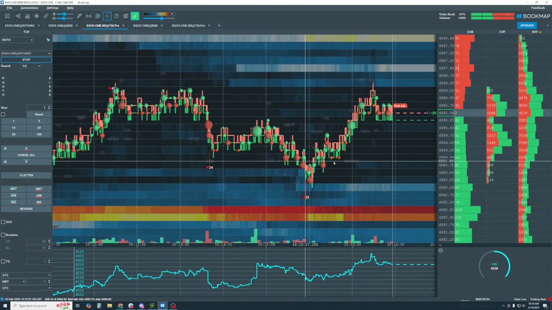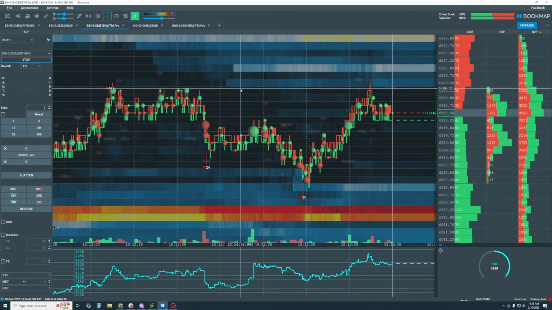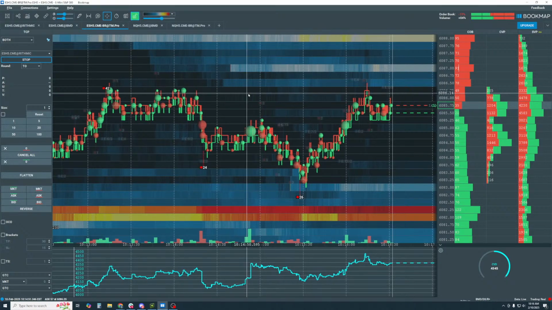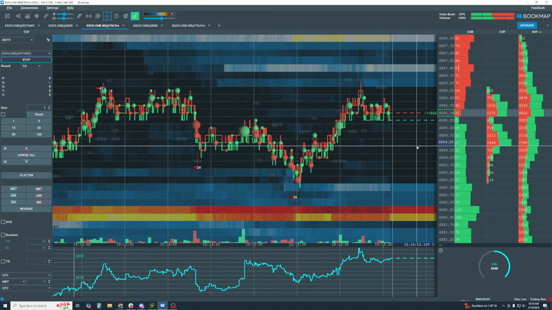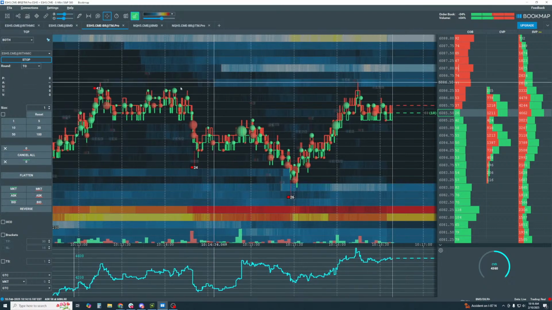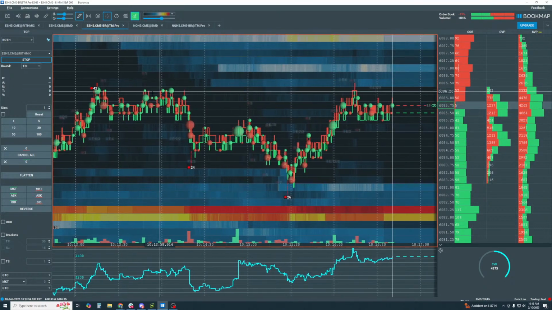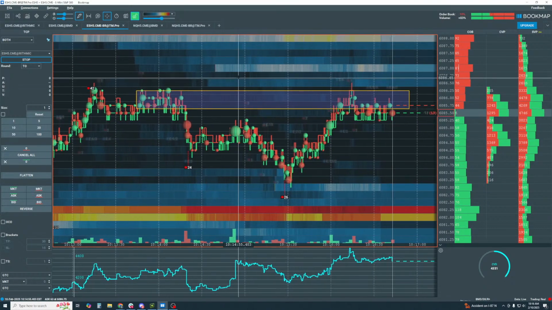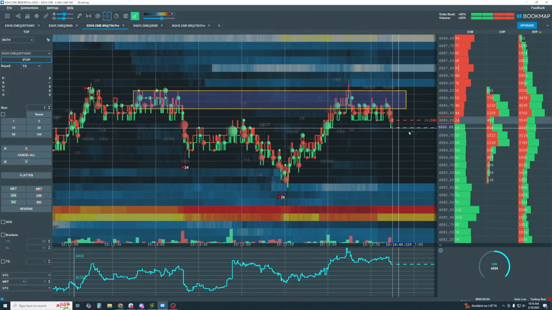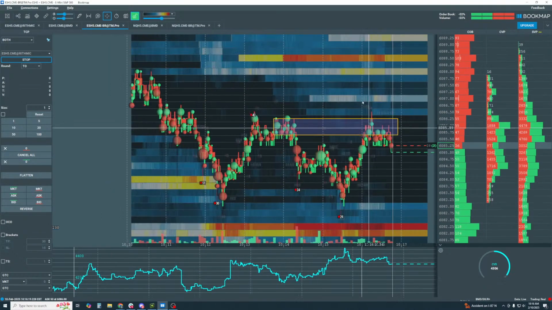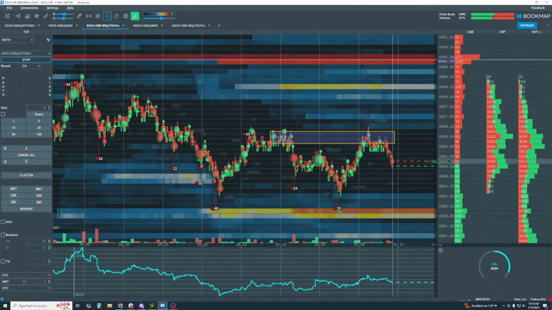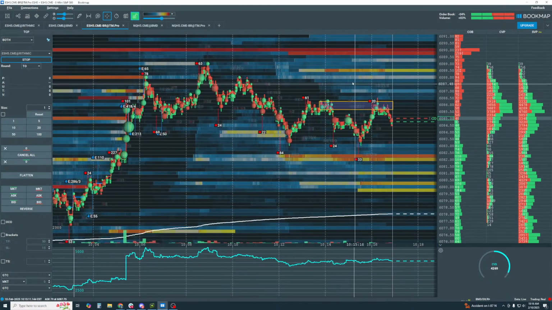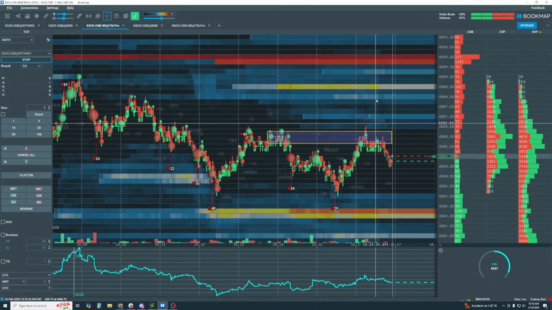All right, so we're back up here to the top of this little range now. And are we finding buyers? Again, up here, this is what we want to determine. Or is this going to turn into range bound, or are we going to break out and then come up into this liquidity up here at 90? So far it doesn't really look too clear.